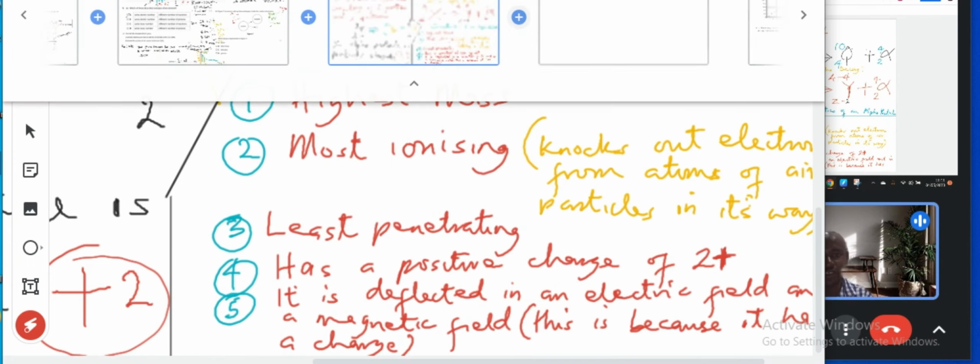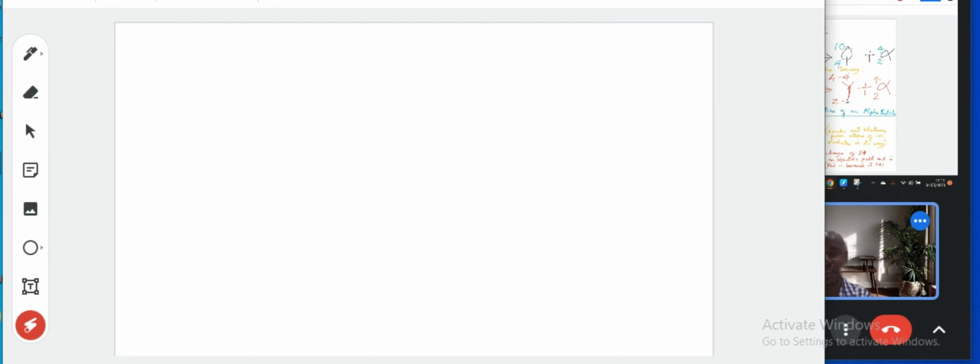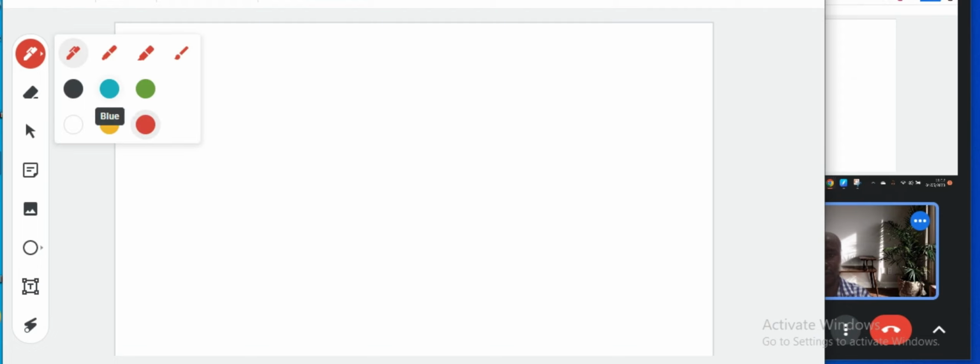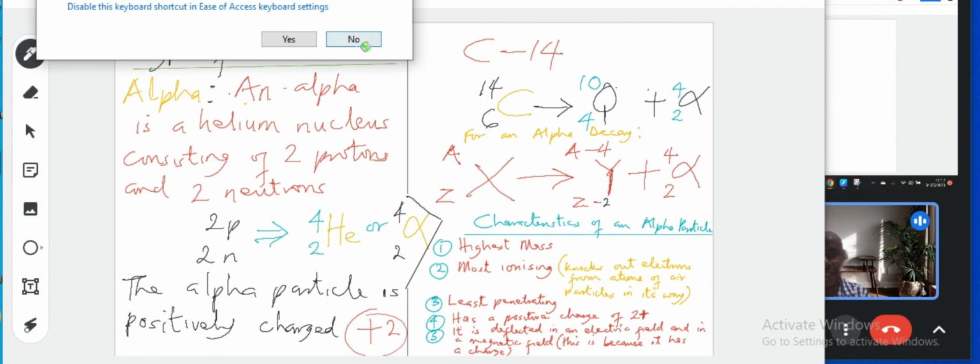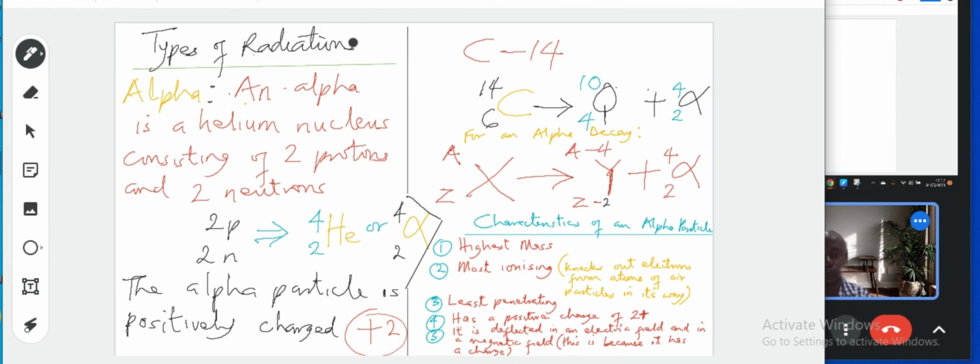I need to take this further so that you'll be able to answer the question that you have there. Go to the next page. Let me describe beta particle before we answer that question. Remember I said an alpha particle consists of 2 protons and 2 neutrons.